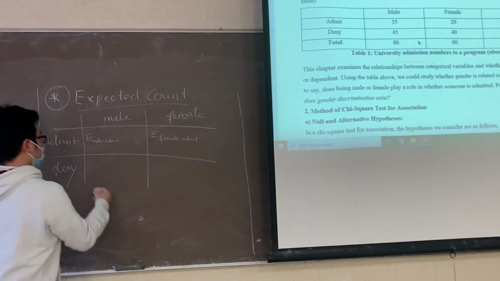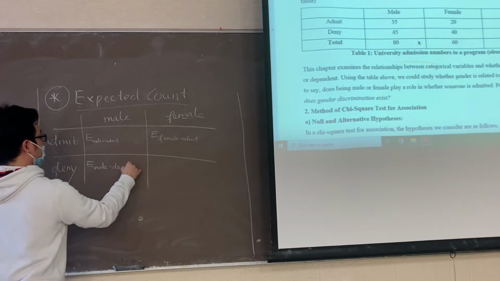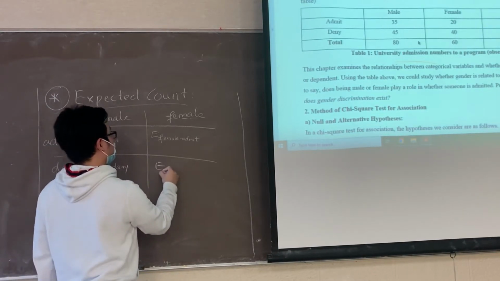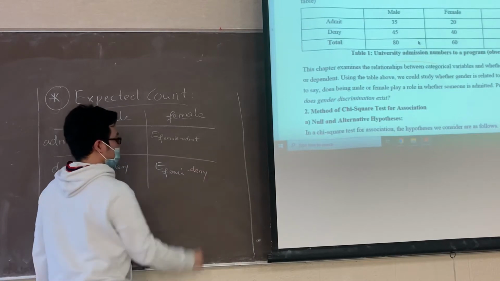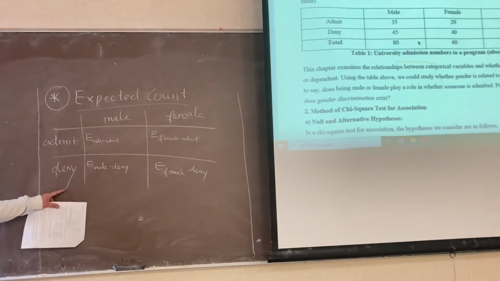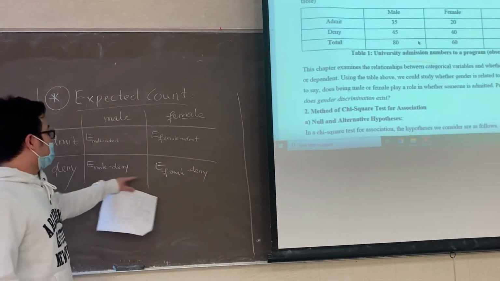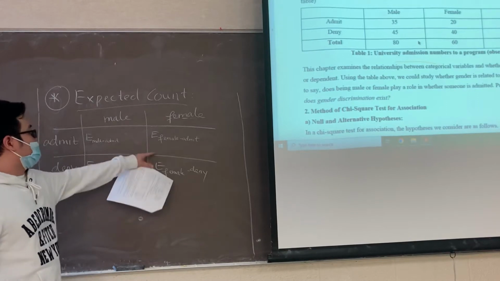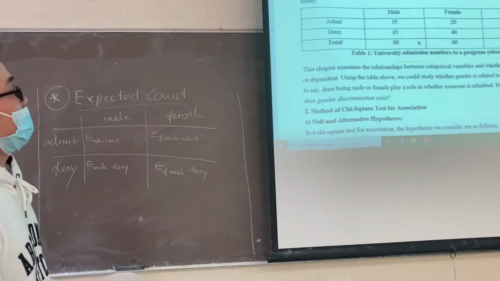This is the expected count of male and deny, and this is the expected count of female and deny. Is it clear, guys? That is the way to calculate. I just list all the expected counts here for you to understand how to do this.